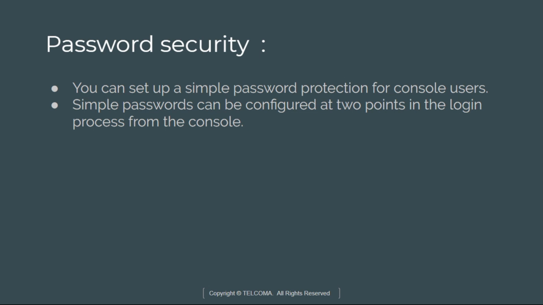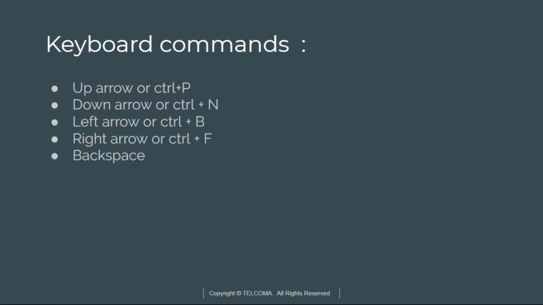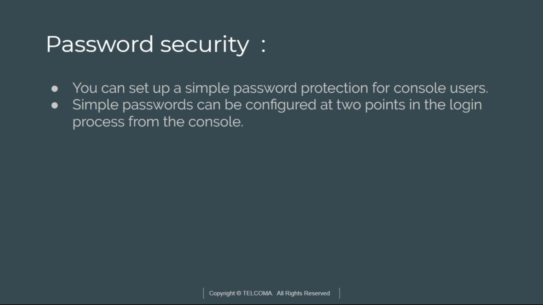So people set up simple password protection for the console users. Simple passwords can be configured at two points in the login process from the console: when the user connects to the console and when any user moves to enable mode. The password prompt appears at both points.